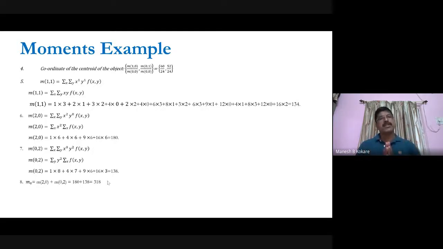The only thing is that these moments are also scalar features, so you cannot reconstruct the object back from these features. You can only represent those objects with some scalar features. So these moments are generally widely used in computer vision applications for representing the shape and so on.